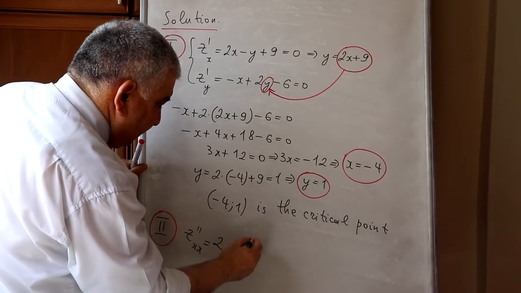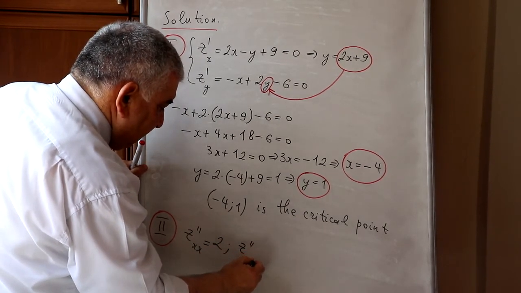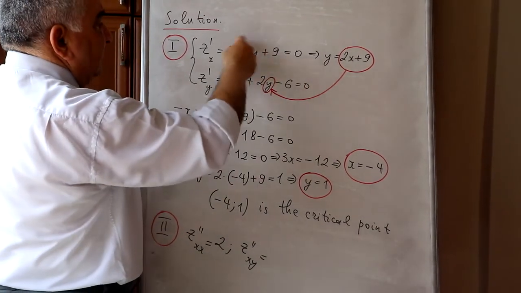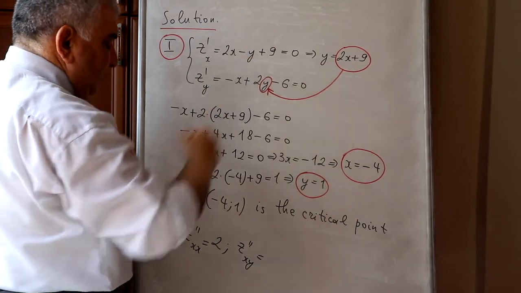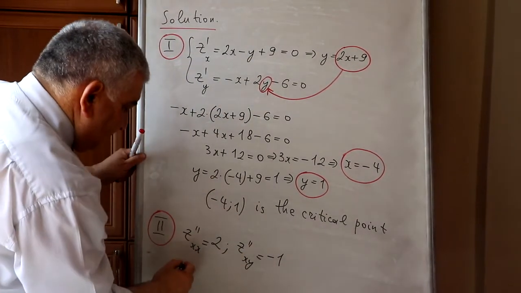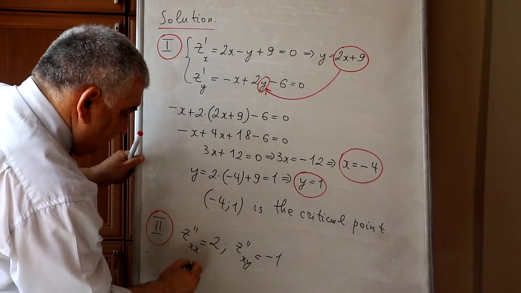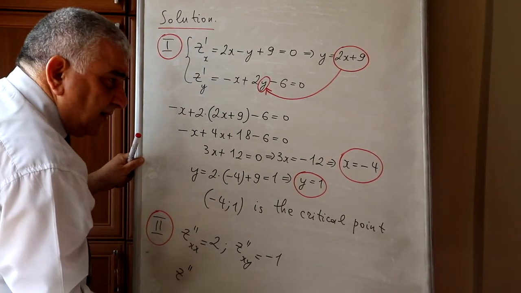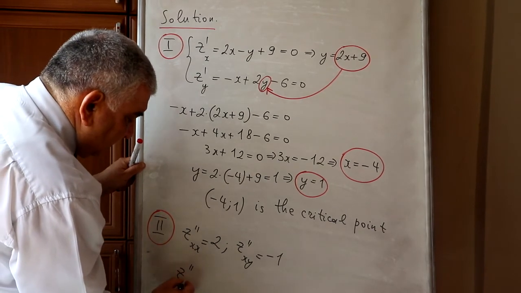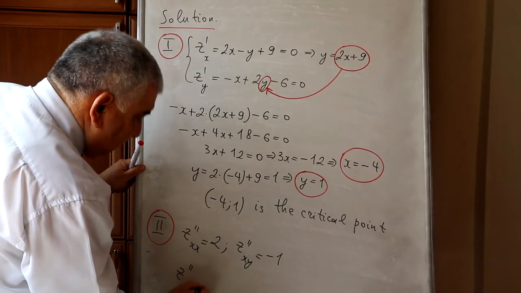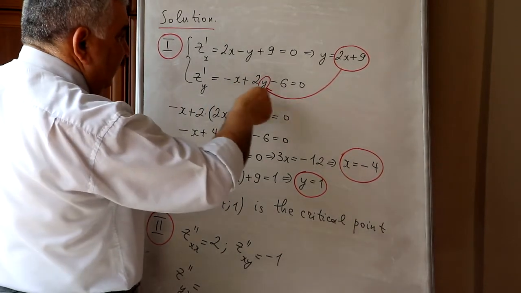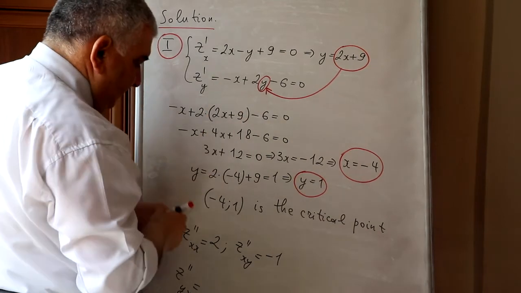Then z double prime xy, the derivative with respect to y, is minus 1. Then the second order partial derivative yx, the derivative with respect to x, is minus 1.